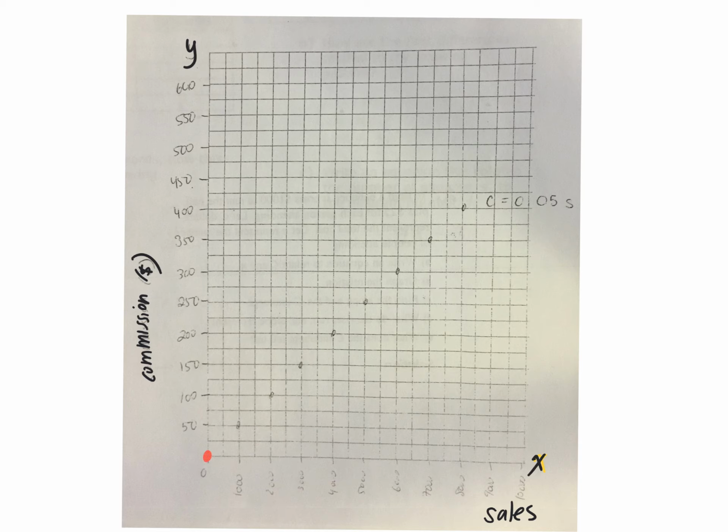We start at 0, 0. First point, if she sells $1,000 worth of computers, she makes $50. And as you can see, it is increasing by the same amount every single time. So should this relationship be linear? Is it direct or partial?